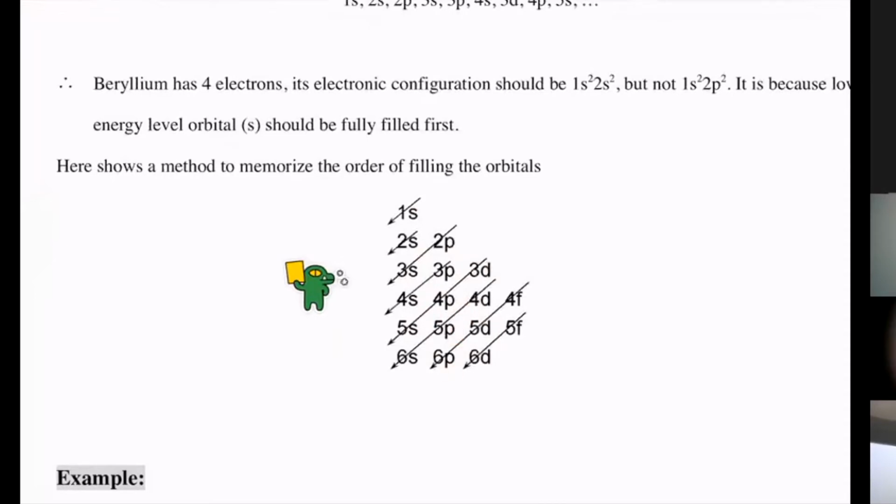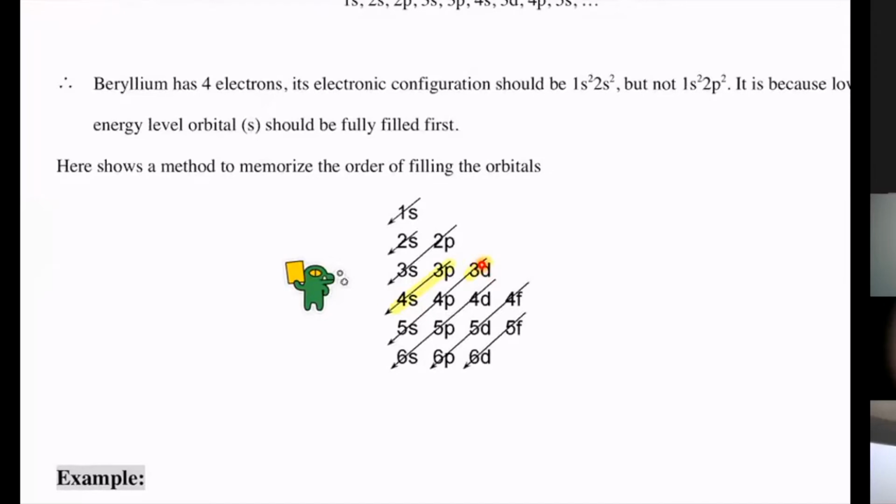But the exception is here, so pay attention. After 3p, you must fill in 4s before 3d. You may put a highlighter to label this part. So you must fill in 4s before 3d. 4s has a lower energy level compared to 3d.